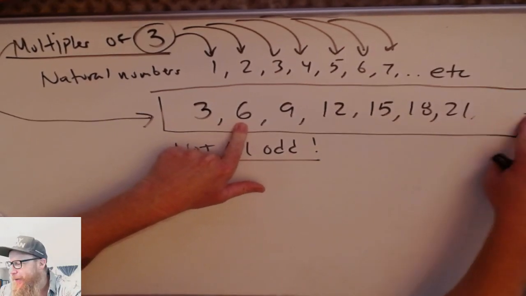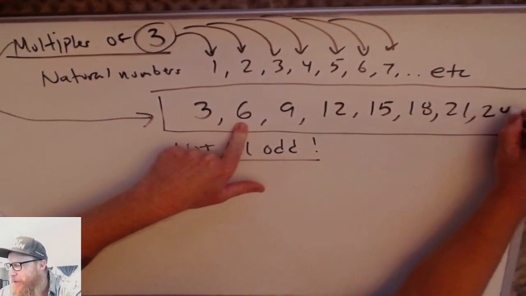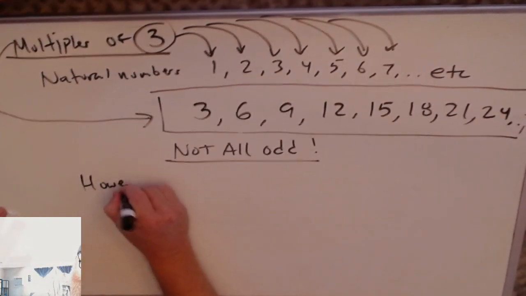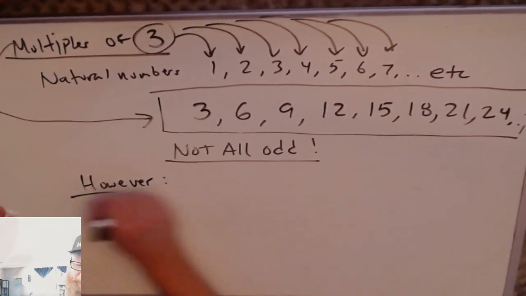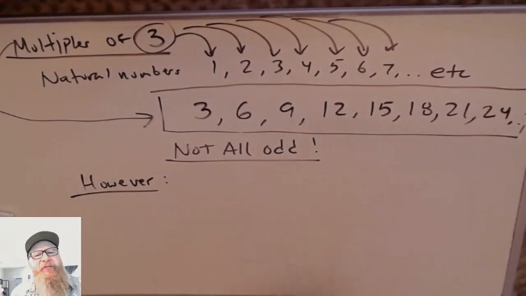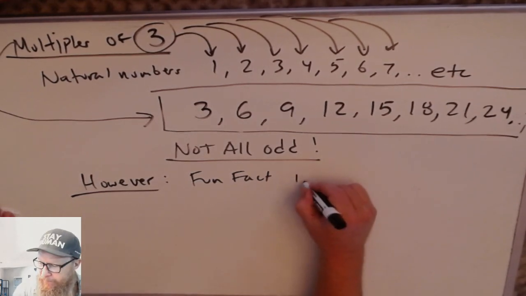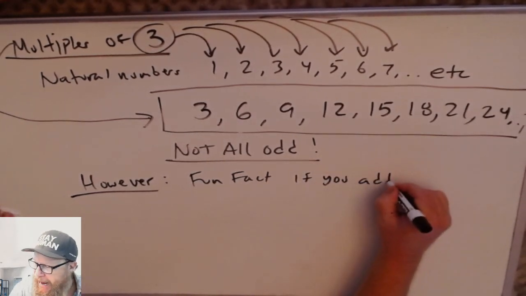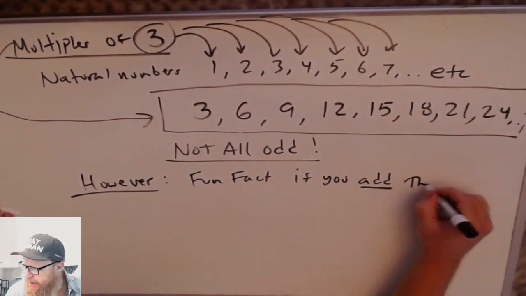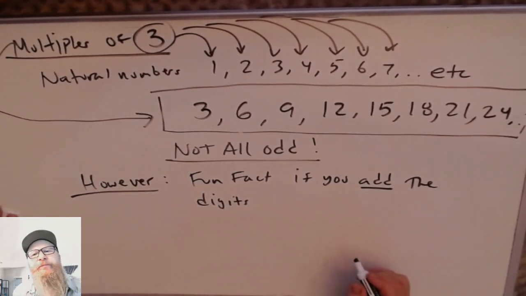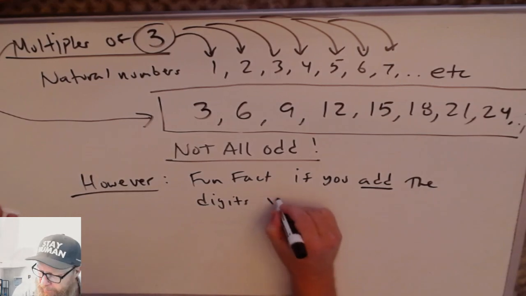The next one after 21 would be 24, and 24 is not odd, and so on and so forth. However, there is a neat fact about multiples of 3. If you add the digits, you always get a multiple of 3.